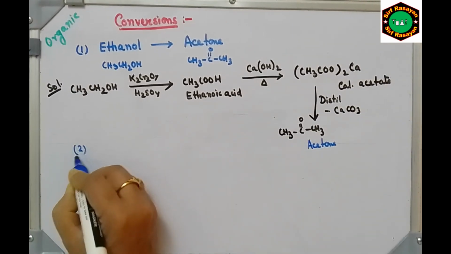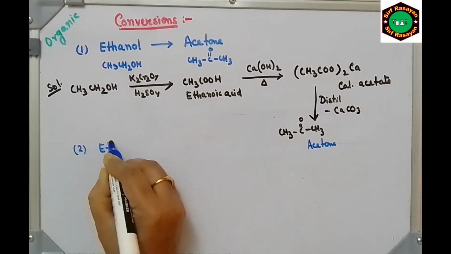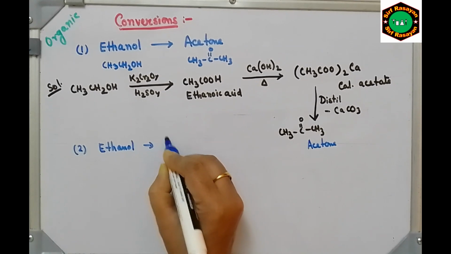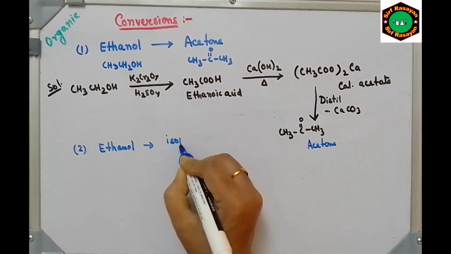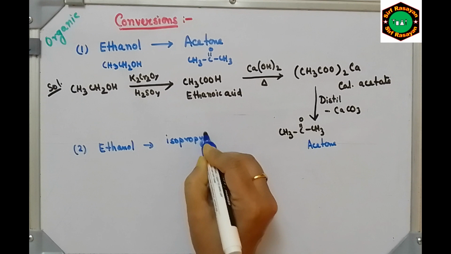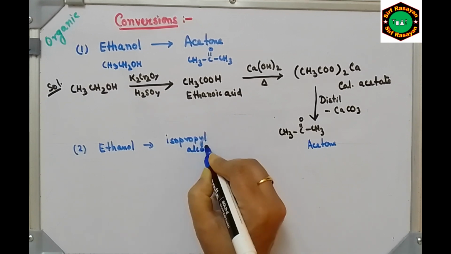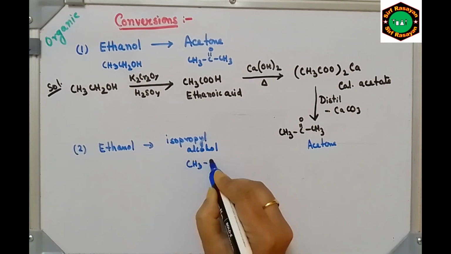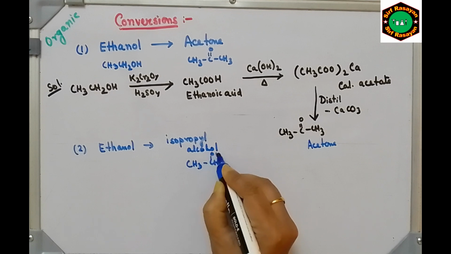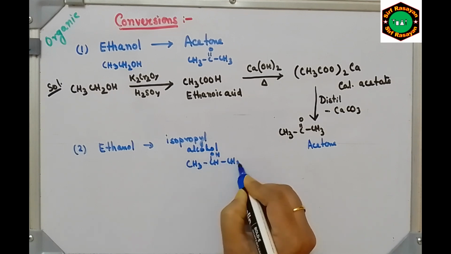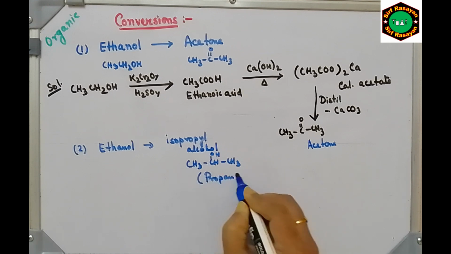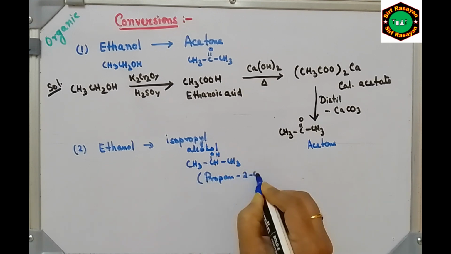Next conversion, ethanol to isopropyl alcohol. Isopropyl alcohol means CH3CHOHCH3, or you can say this is propan-2-ol.